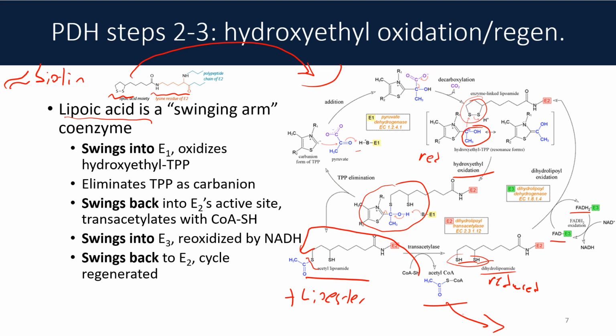And then this FADH2 will transfer hydrides again to an NAD+ molecule, hence generating NADH. So this is really nice because we not only regenerate our pyruvate dehydrogenase enzyme, but we get a little bit of NADH out of the process. And remember, that is money in the bank.